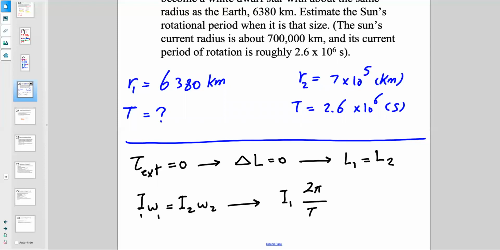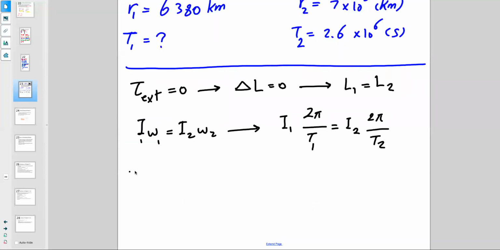Okay, now coming back, T1 and T2 for period. So I1 is I1, omega 1 is 2 pi over T1, I2 is I2, and omega 2 is 2 pi over T2, okay? Now, we know what I is for a solid sphere.